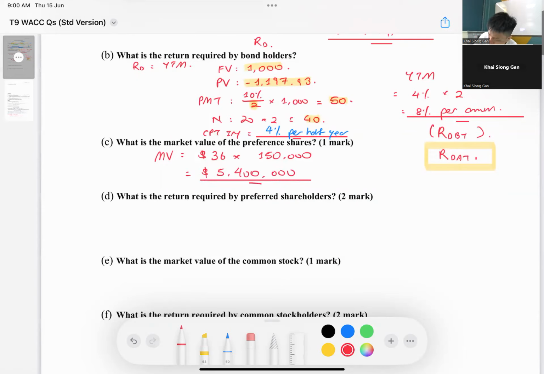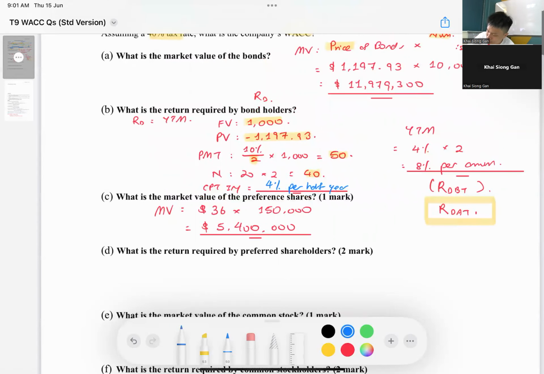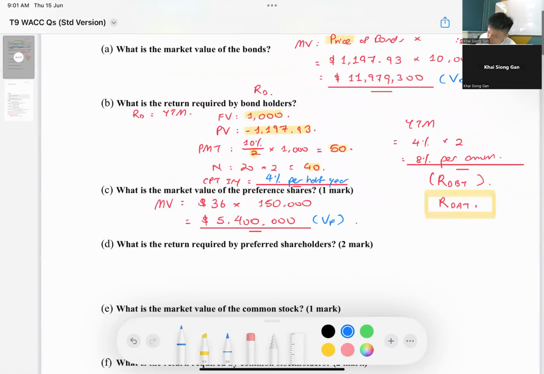So that's the value of the preferred share. I can label it in case you find it confusing later: this one is the value of debts, and this is the value of preferred stock. Then, what is the required return by preferred shareholders?